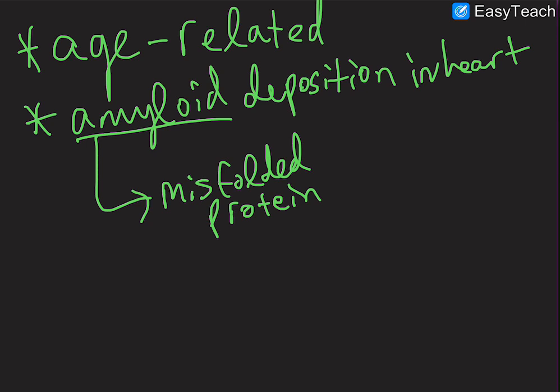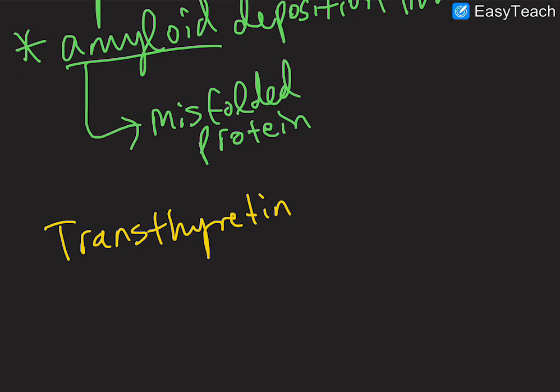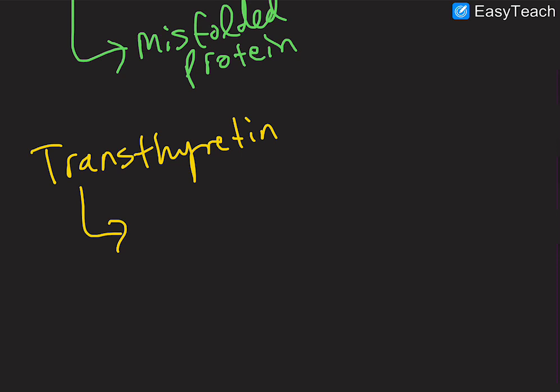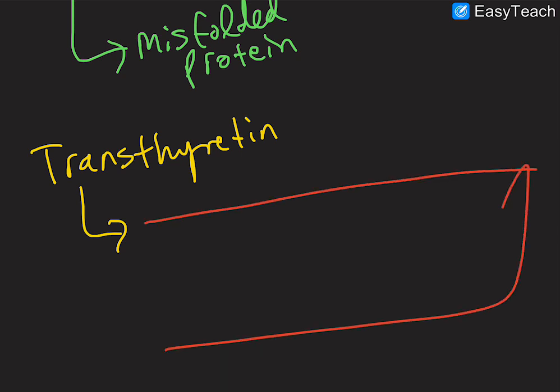So first we have to know, what is transthyretin? Let's write that down. Normally, transthyretin is a normal serum protein that travels in your blood. So let's say we have our blood vessel here and we have our transthyretin here.